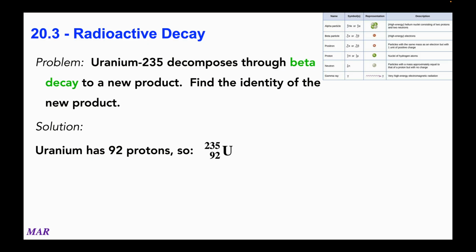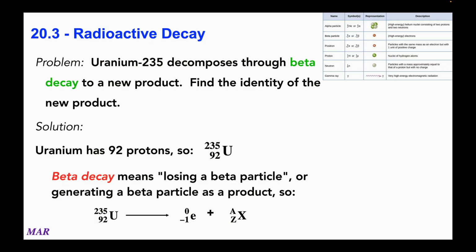But anyway, that uranium-235 then is essentially breaking down into a beta particle, 0, minus 1 e or 0, minus 1 beta. Either one is fine. And then something else. And for that something else, I'm just going to have a random A, Z, X kind of symbolism there, where A is the mass number, Z is the atomic number, and X will be the symbol. So this is the equation that we have.